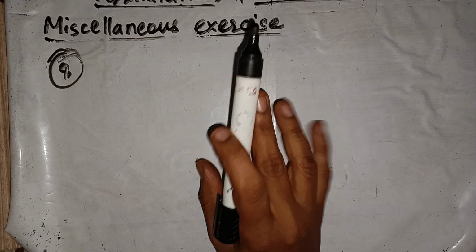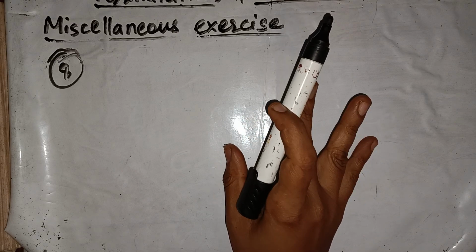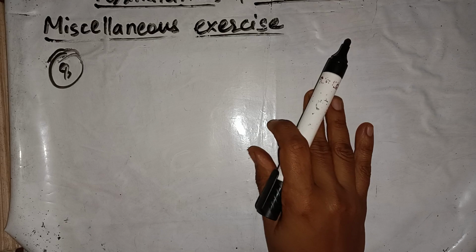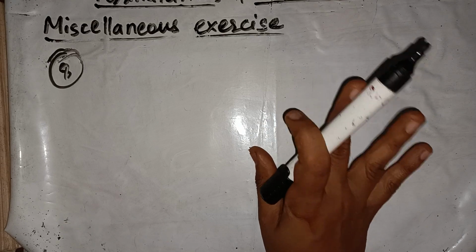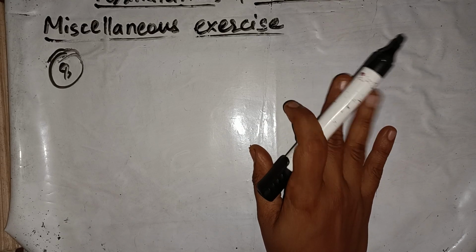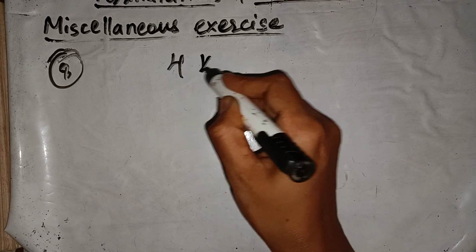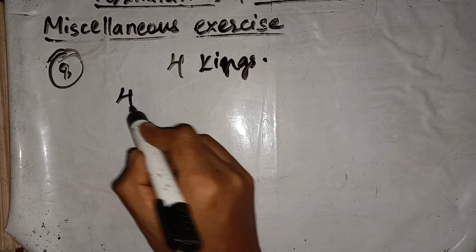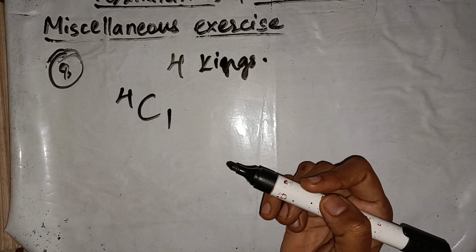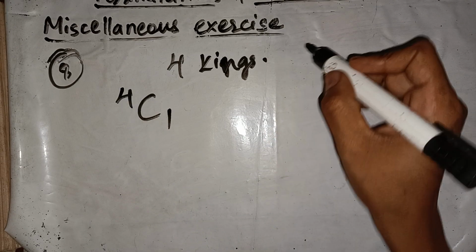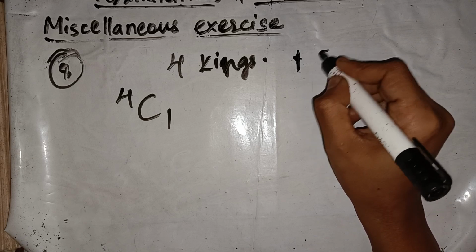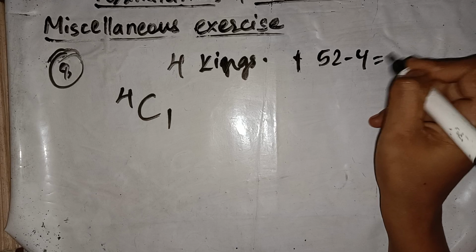Next question. Determine the number of 5-card combinations out of 52 if each selection of 5 cards has exactly one king. So how many kings are there? 4 kings are there, out of which we have to select only one king. So remaining cards are 52 minus 4, that is 48.